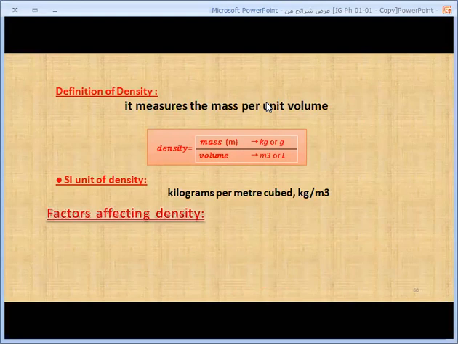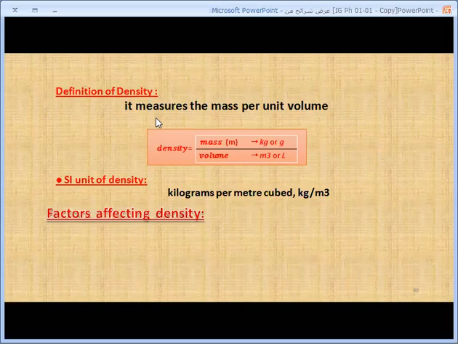Well, this is not accurate, but it's not wrong. So the density is the mass per unit volume. But because density is different from the mass, it's not good to say the density is the mass. So we say the density measures the mass per unit volume.